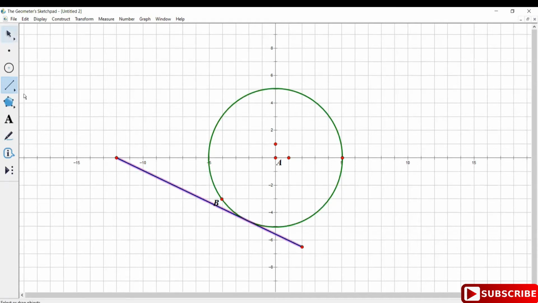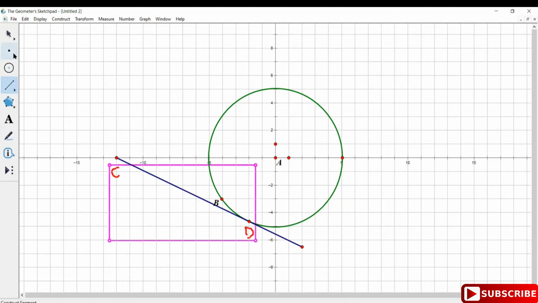Where does it touch the circle? It touched the circle somewhere about right here. So let's label this point C, that's the external point, and let's label this point D. And look at this now.